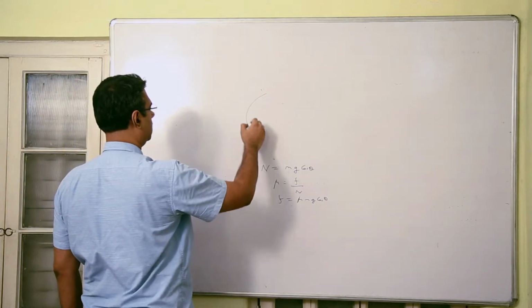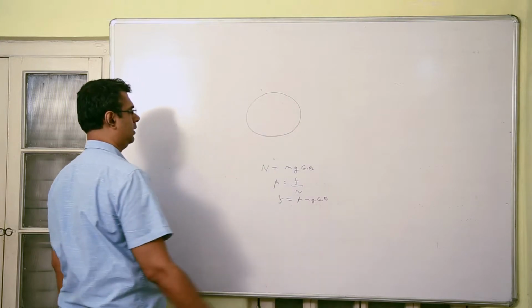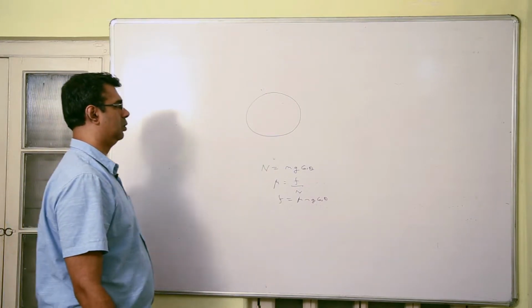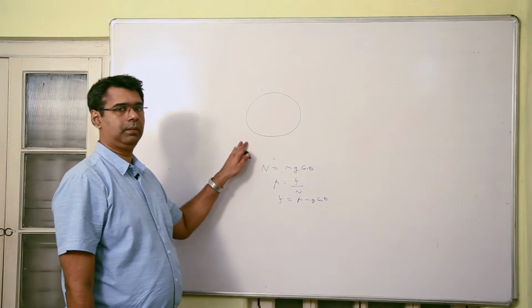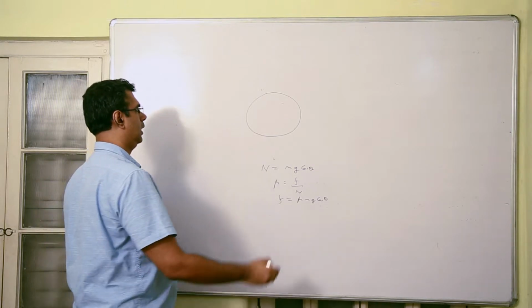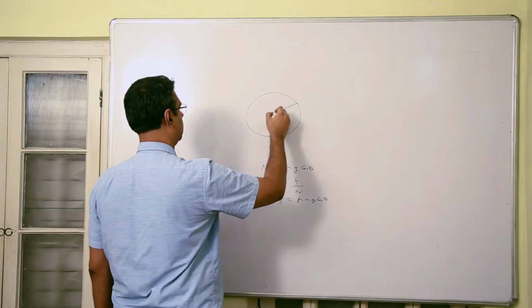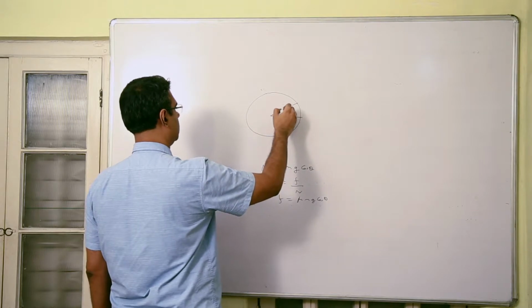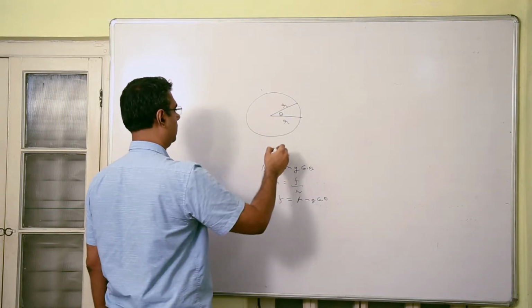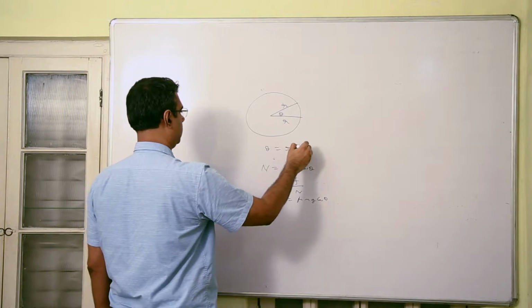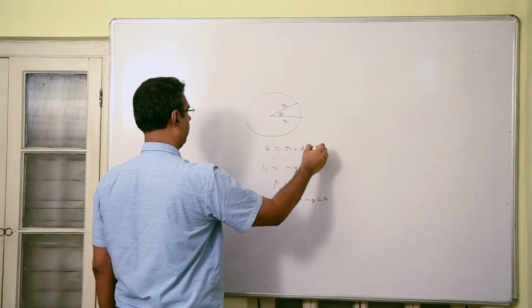Now in motion in a plane chapter, we concluded the chapter by discussing about centripetal force. Now one thing is that in any circular motion, suppose the angle at the center is theta. Mind you, we are measuring theta in radians.